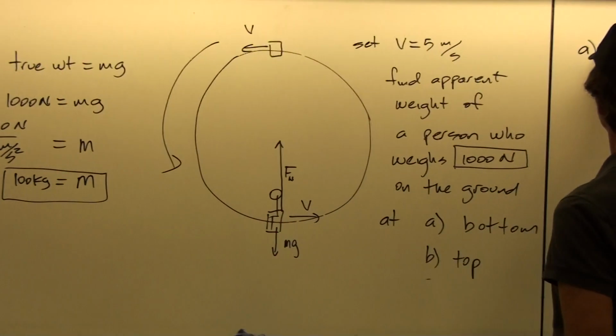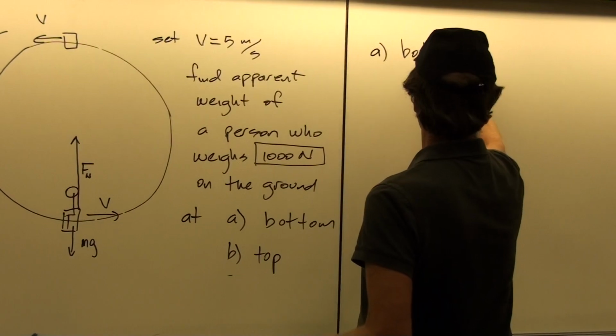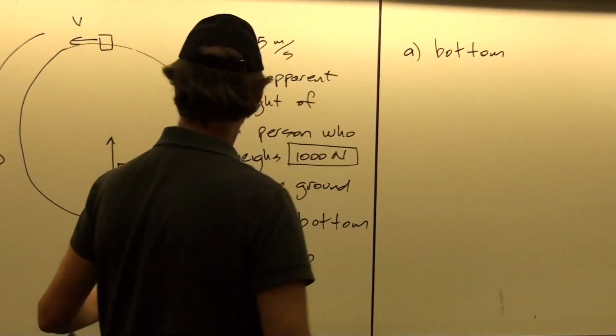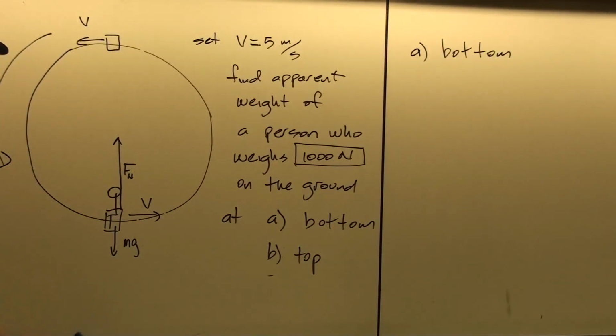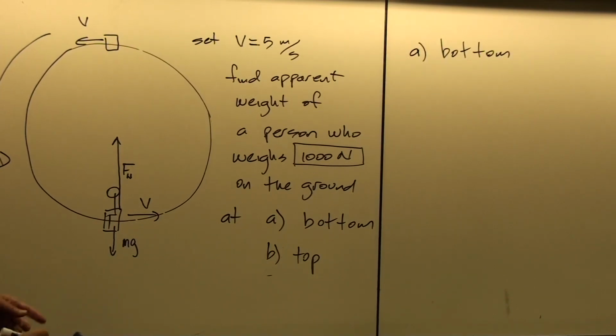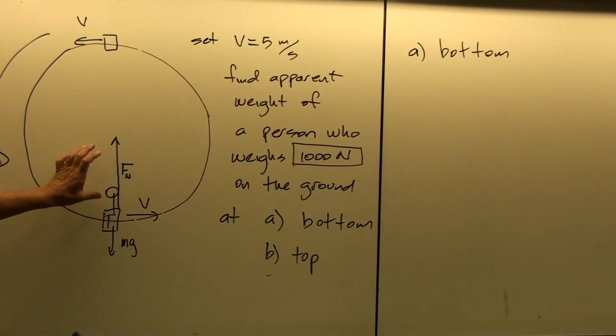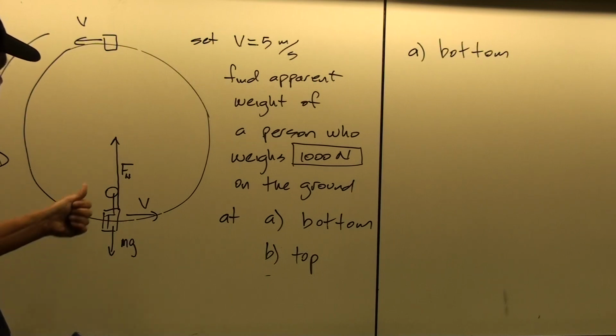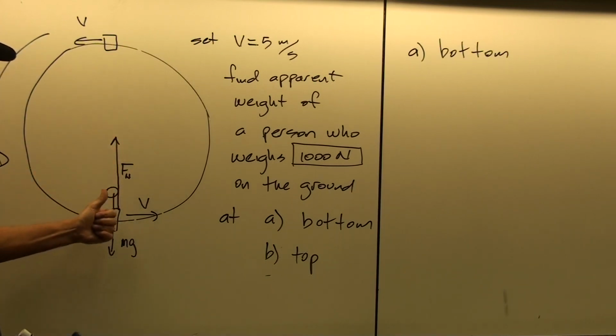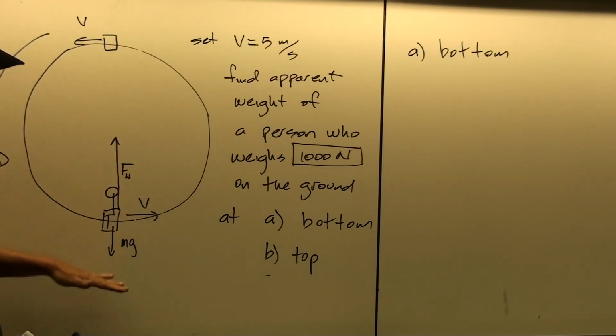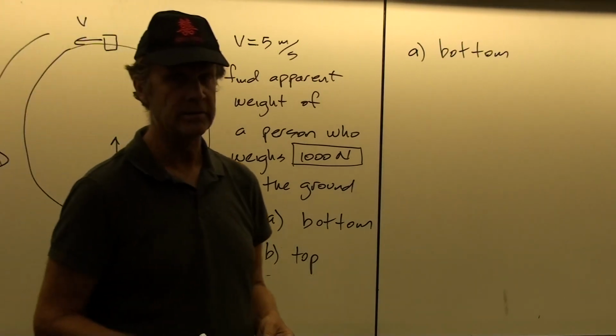So in part A, at the bottom, our first objective is to draw a complete force diagram. And I can tell you just from experience that the normal force pushing up on the person has to equal the person's apparent weight.